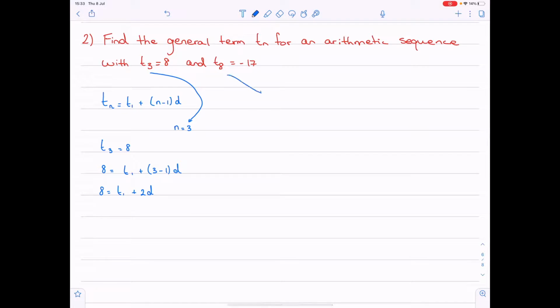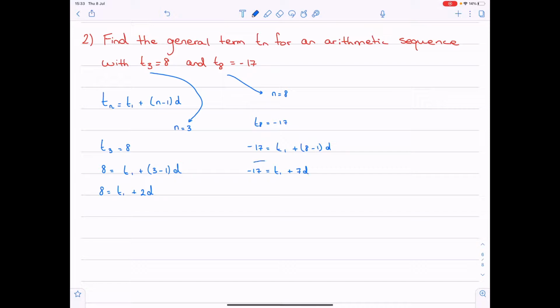Now if we look at this one over here, n is equal to 8, so T8 is equal to minus 17, so minus 17 is equal to T1, which is unknown at the moment, plus 8 minus 1 times d, which means minus 17 is equal to T1 plus 7d.